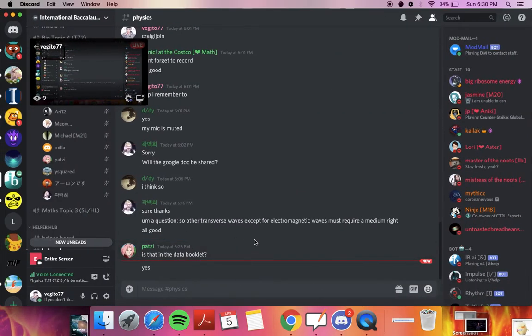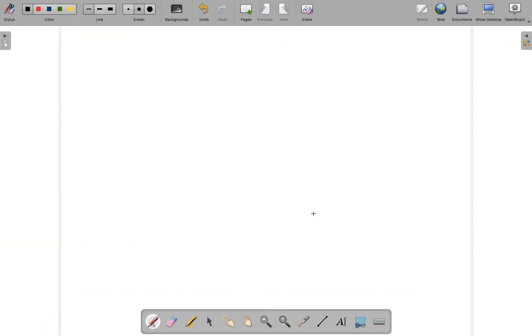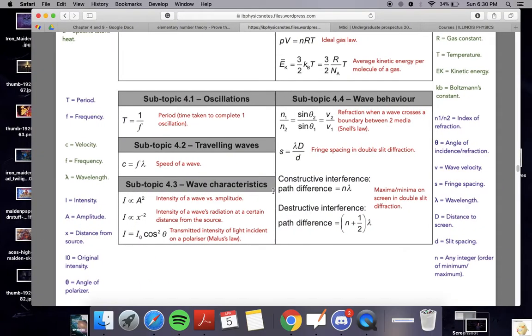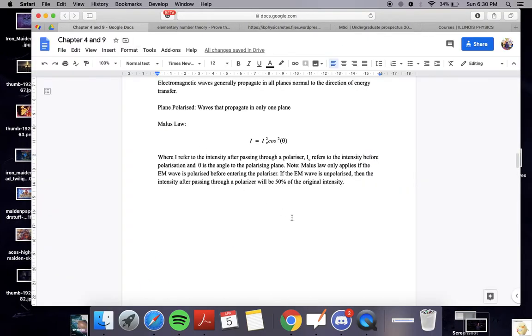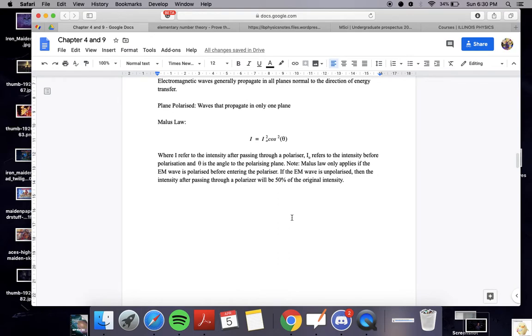So I'll go ahead and start on electromagnetic waves and polarization now. Let's go back to the notes. Electromagnetic waves, when they travel, generally propagate in all planes normal to the direction of energy transfer.